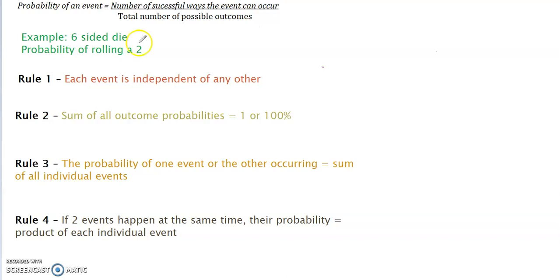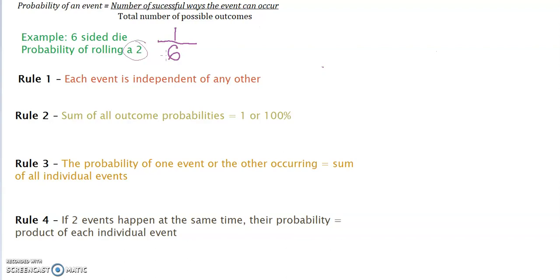The probability of rolling that 2 is 1, and you divide that by the total number of outcomes, which in this case is 6. So your answer would be 1/6. Of course, you could divide that out to make it a decimal, but I'm perfectly okay with leaving that as a fraction right now.